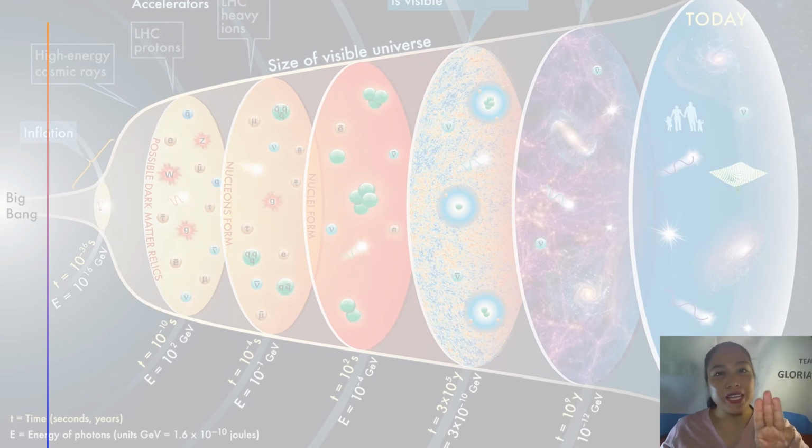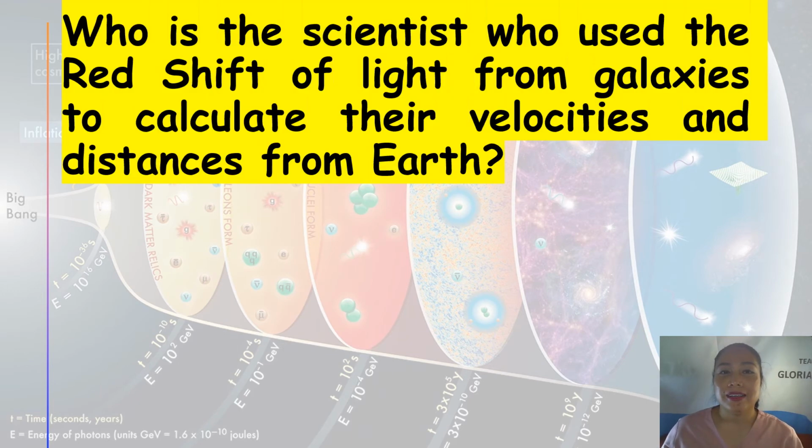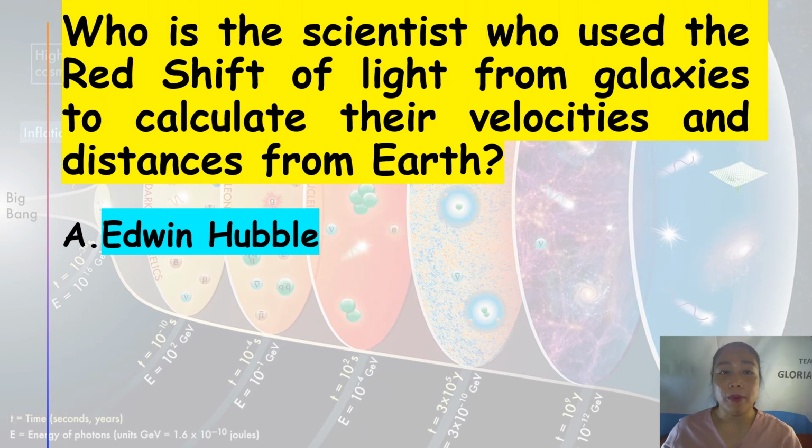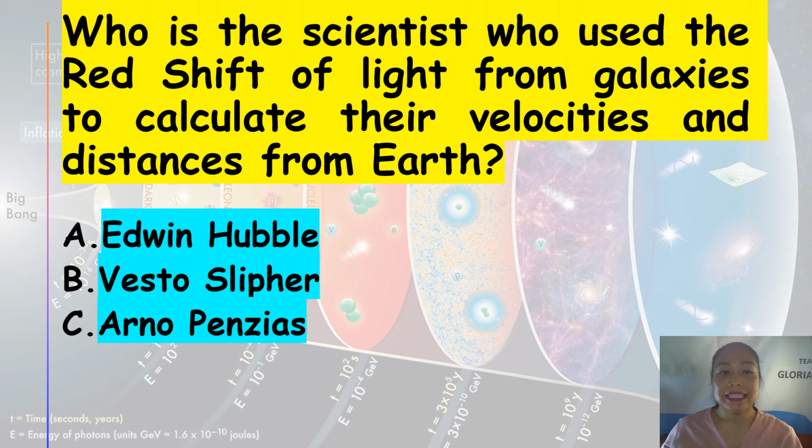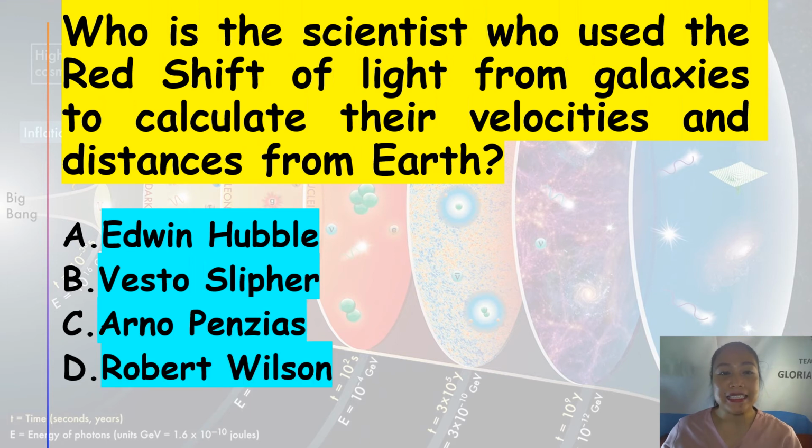Question number 3. Who is the scientist who used the redshift of light from galaxies to calculate their velocities and distances from Earth? A. Edwin Hubble. B. Vesto Slipher. C. Arno Penzias.